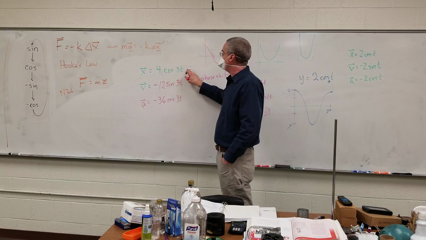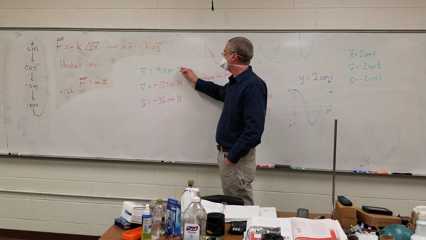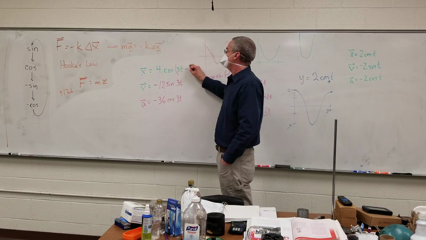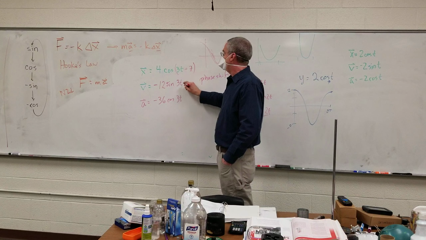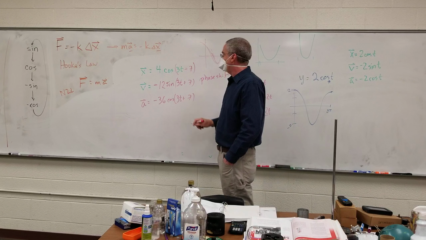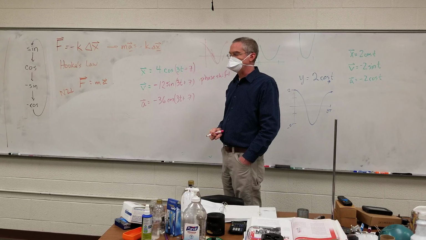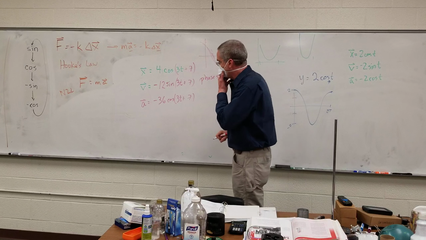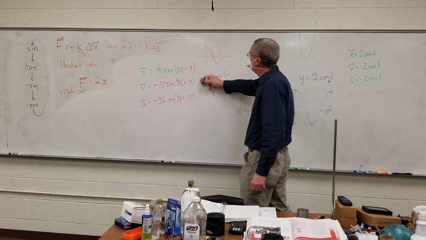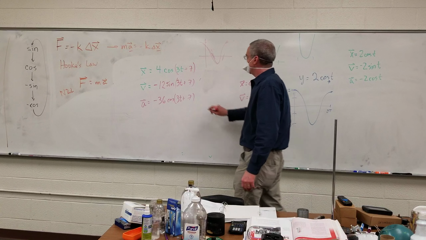So the phase shift is basically added here, so plus, it really doesn't matter, 7. All it's doing is saying where we're actually beginning. So this is called phase shift.